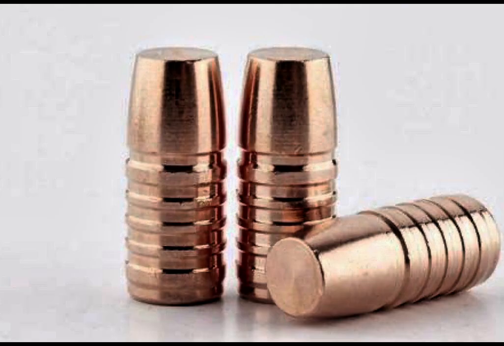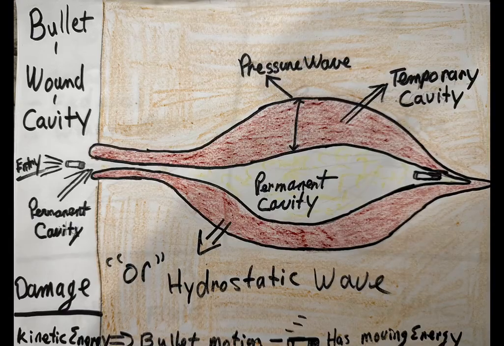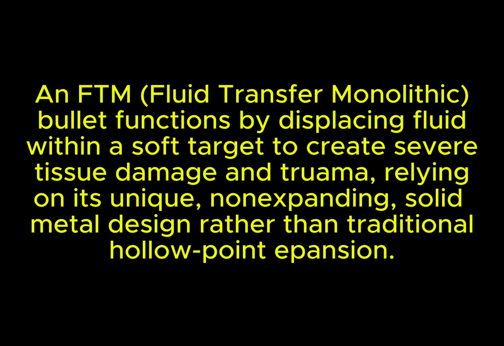When they go in and transfer energy, they cause a hydrostatic wave, and that wave is what causes a lot of damage with these bullets. In other words, the damage is caused by creating a hydrostatic wave, increasing the wound diameter and transferring energy to the target without the bullet expanding.